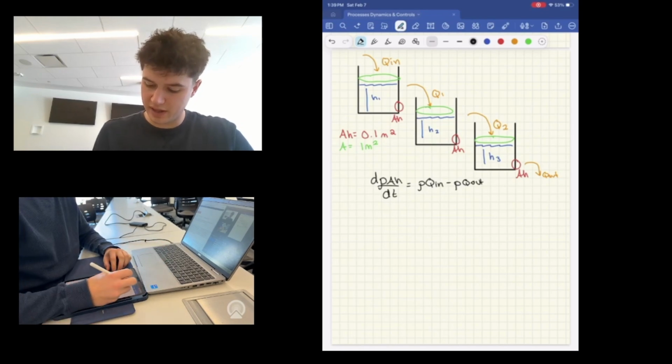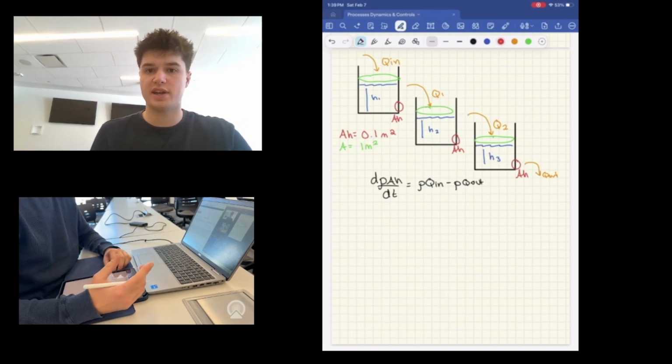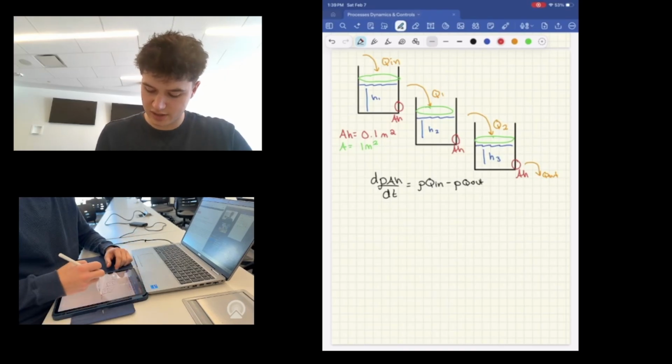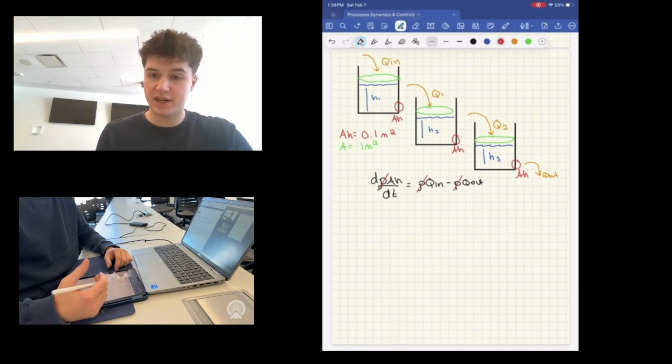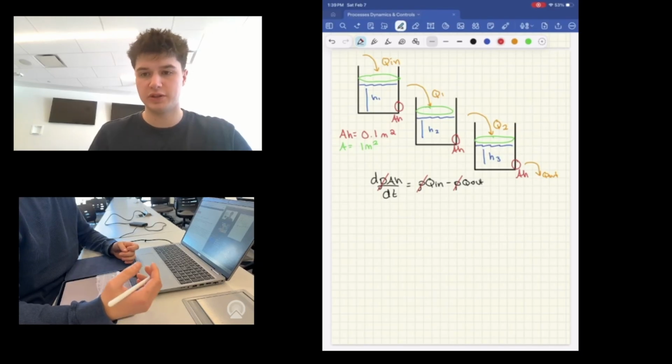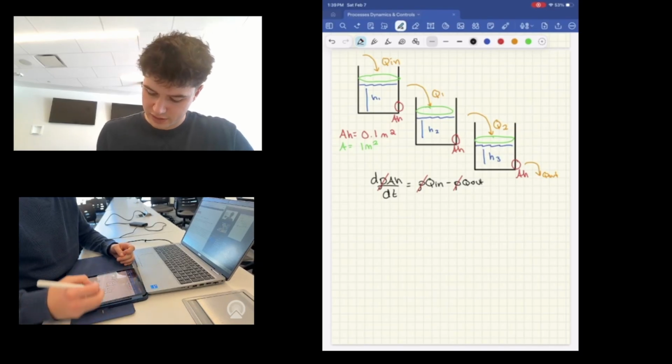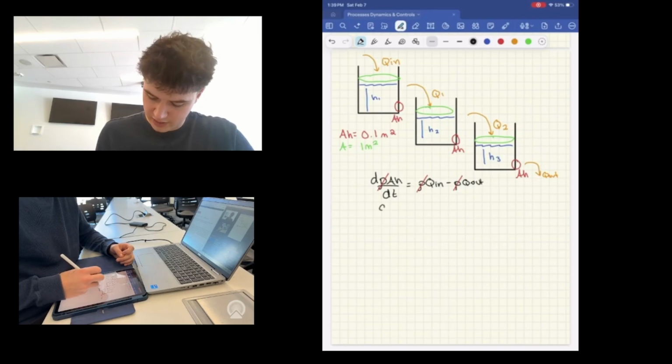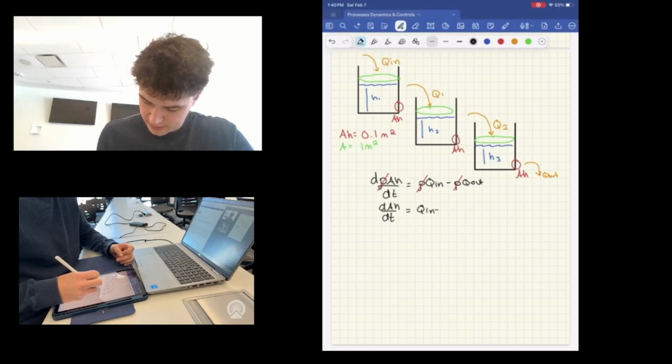Now, one assumption we can make is that since we are dealing with the same substance throughout the entire process, these densities we are able to cancel out. We're able to isolate Qn, but we are not exactly sure what Q out is, so we're going to have to use Bernoulli's equation to figure out what that is. So after this cancellation, we have d(Ah)/dt equals Qn minus Q out.